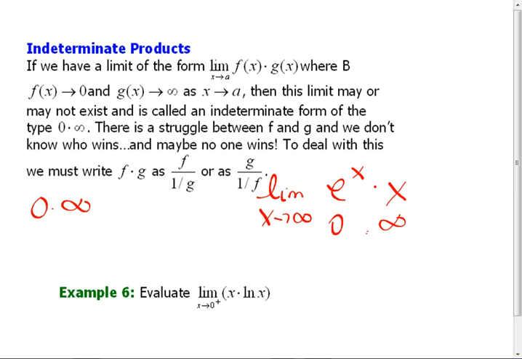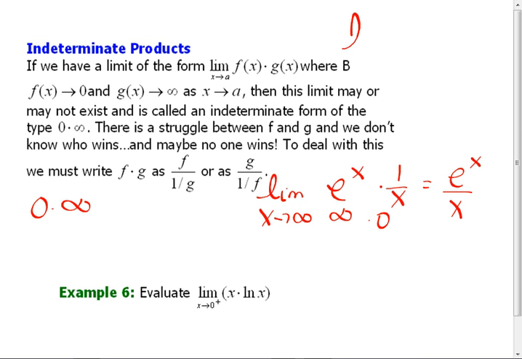Is the answer 0? Sorry. Let's try this again. We'll start all over. This is infinity times 1 over x. That's 0. Is it 0? Why does it have to be 0? That's the same as this.